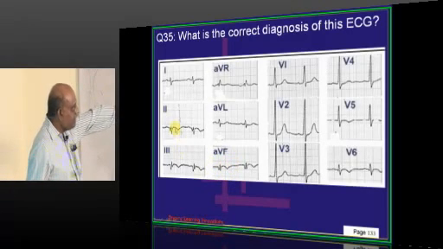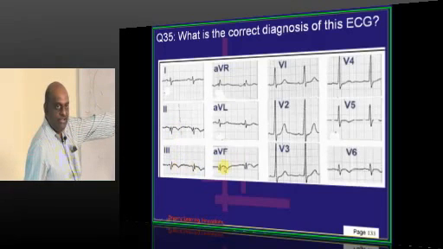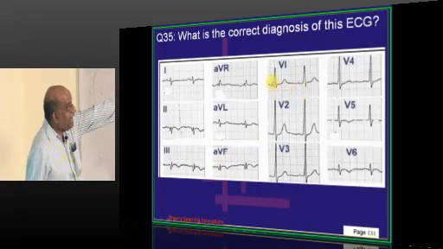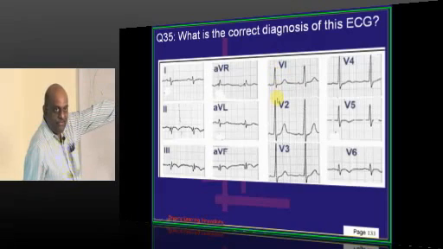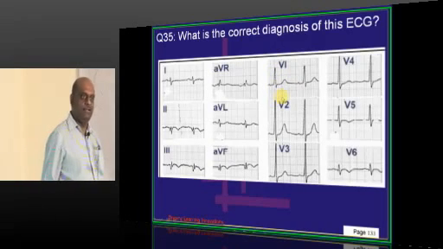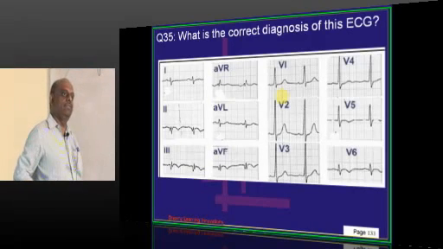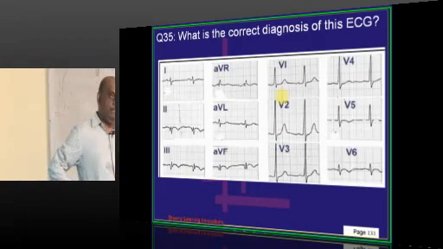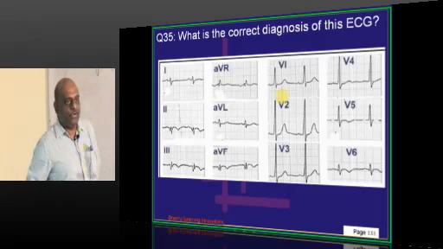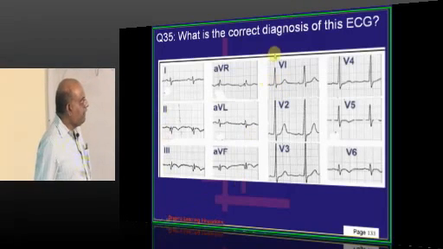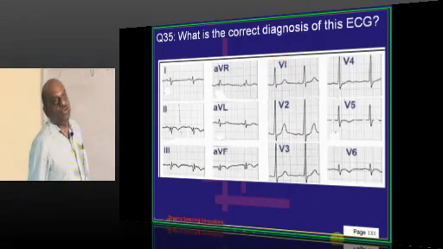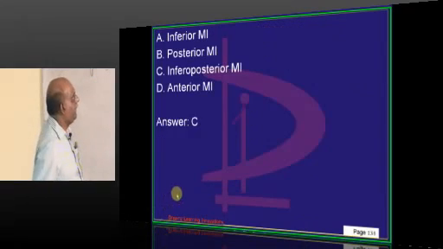Where is it like that? 2, 3, AVF. But what has come in V1? R wave. Why should there be an R wave in V1? There should not be. If it is there, it's a reciprocal change of posterior wall MI. So what all is involved? The inferior wall is involved and the posterior wall is also involved.